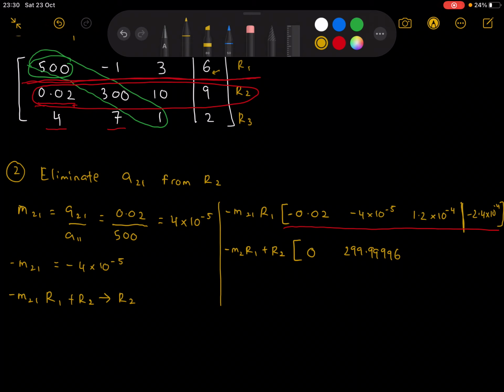Then 1.2 exponent negative 4 plus 10, so 10.00012, and then negative 2.4 exponent minus 4 plus 9, we'll get 8.99976. So basically this is the value that we're going to transfer to row number 2.